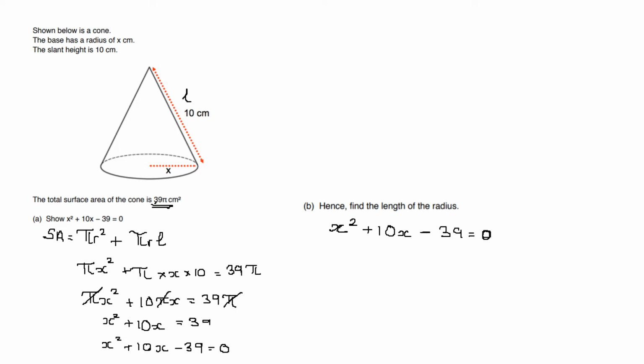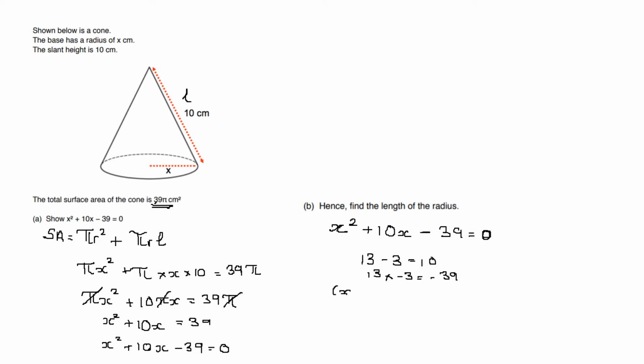positive 10x. So I think that I'm going to need 13 and negative 3. So 13 take away 3 will give me 10. 13 multiplied by negative 3 will give me negative 39.